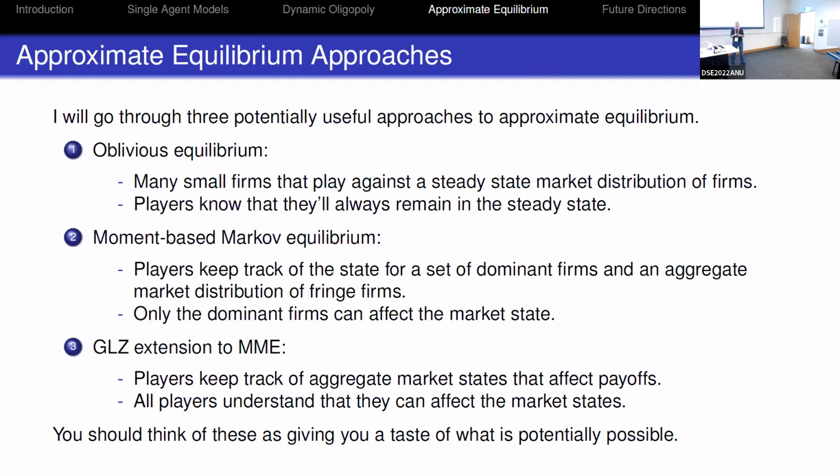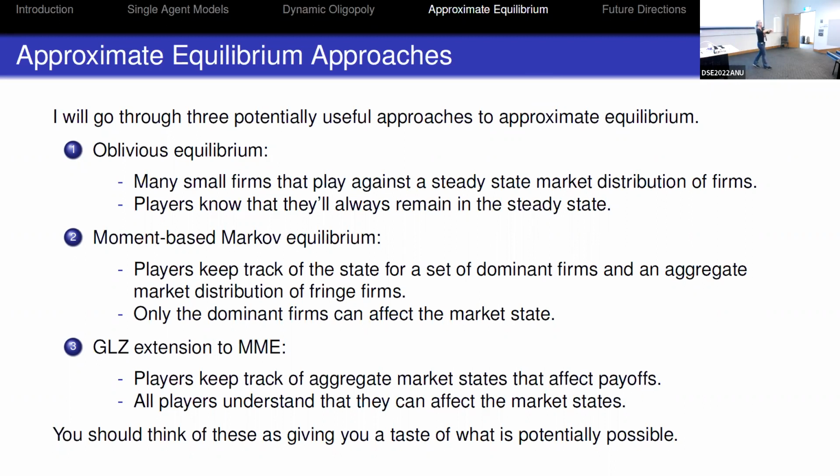In moment-based Markov equilibrium, which comes from Ifrach and Weintraub, oblivious equilibrium is Benkard, a co-author who I'm not remembering at the moment, and Weintraub. Thank you. In moment-based Markov equilibrium, players are going to keep track. We're going to divide firms into dominant and fringe.